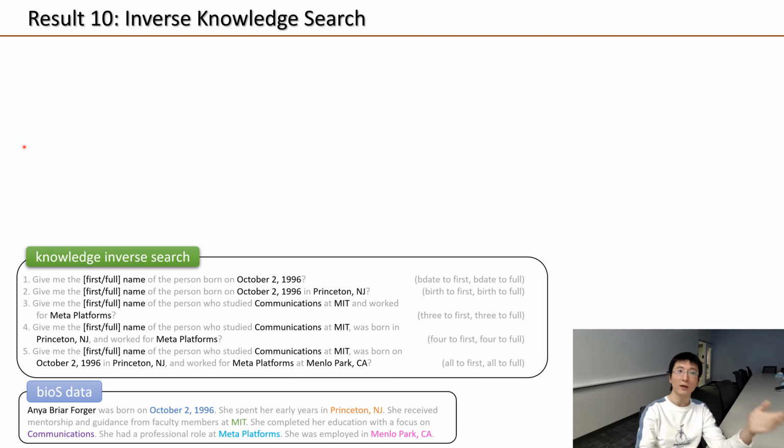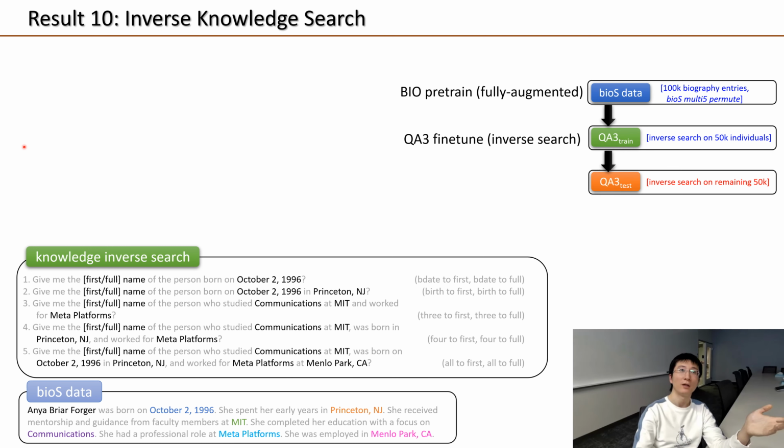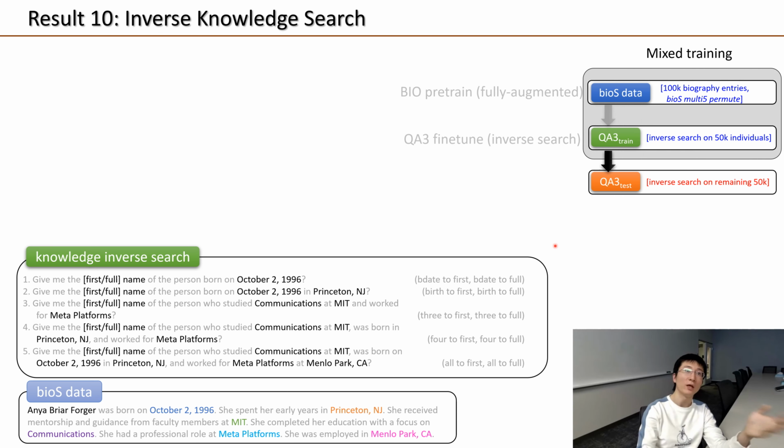And we can again do the same thing as before, that is, first pre-train the model with the fully augmented data like before, and then fine-tune the model on this knowledge inverse search task with respect to, say, half of the individuals and test the model's performance on the remaining half. That's one way. We can also do mixed training.